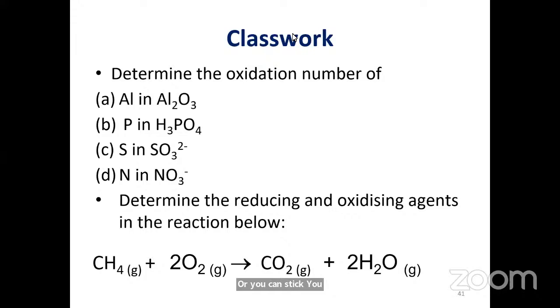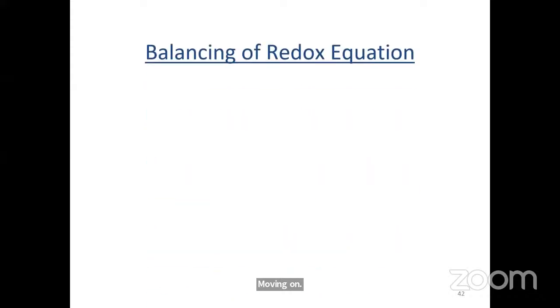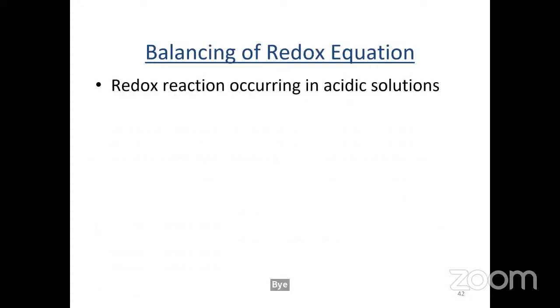Now, moving on. Balancing of redox equation. Our redox reaction will occur either in an acidic medium or a basic medium.